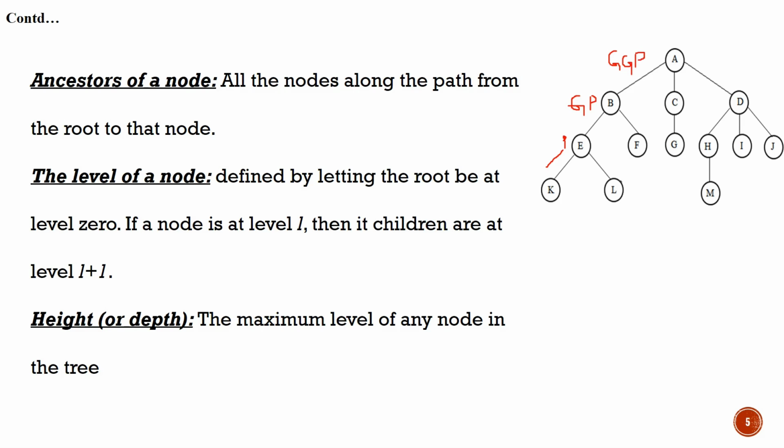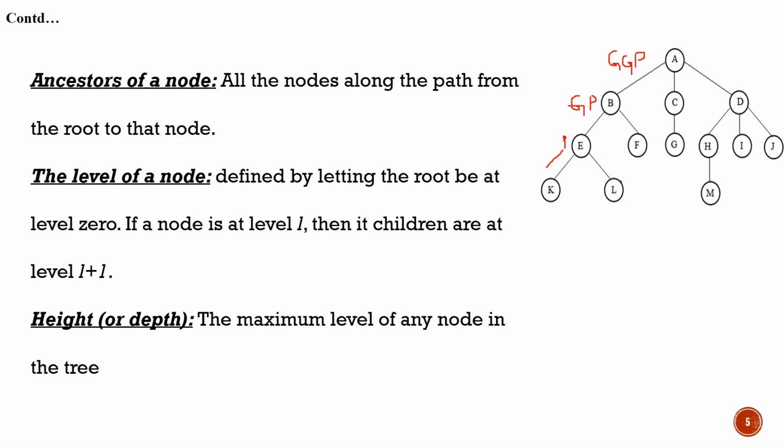For K, the ancestors are E, B, and A. The sibling of K is L. All the nodes along the path from the root to that node, we call them the ancestors.